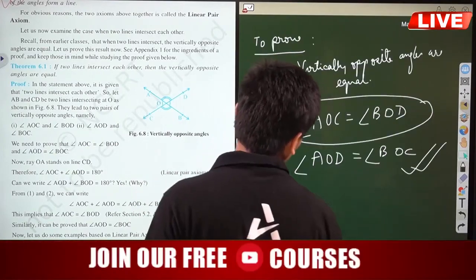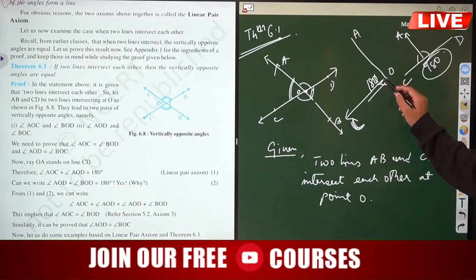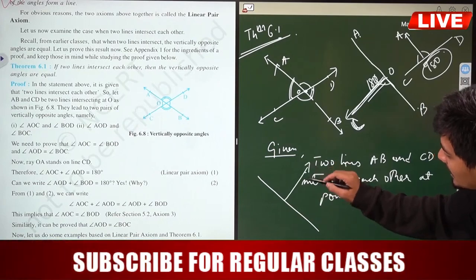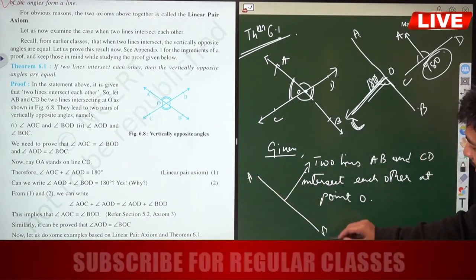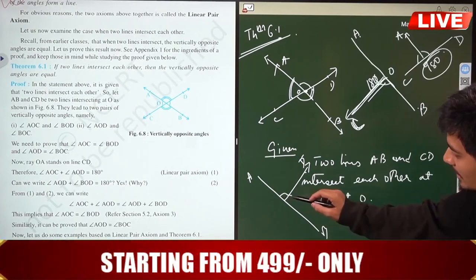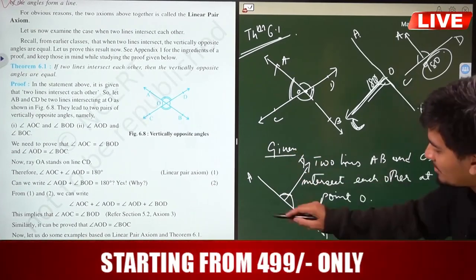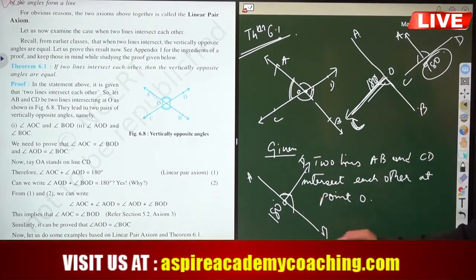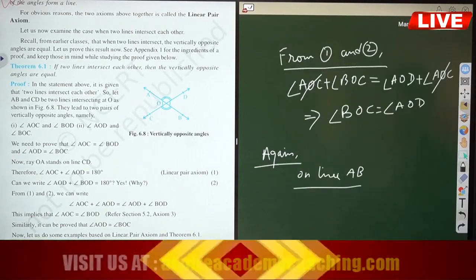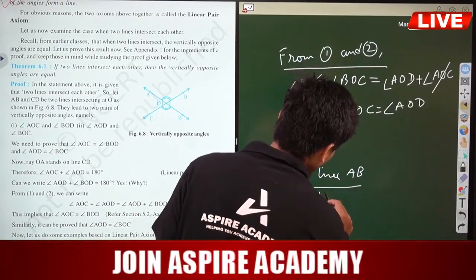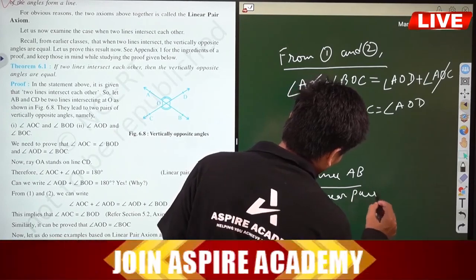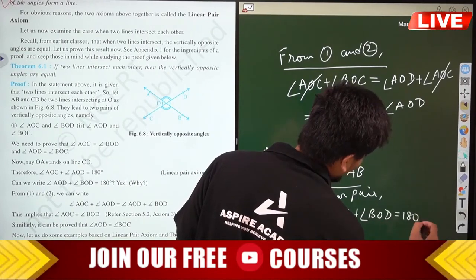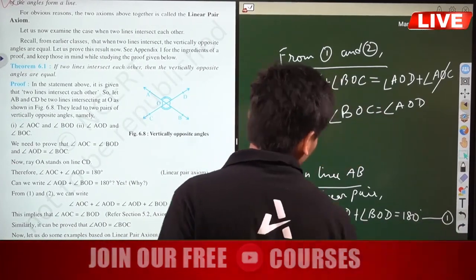Now if I take AB as the line and this D as the ray, these two are adjacent angles and AB makes 180 degrees. So on line AB, by linear pair, angle AOD plus angle BOD is equal to 180 degrees. Let this be equation 3.